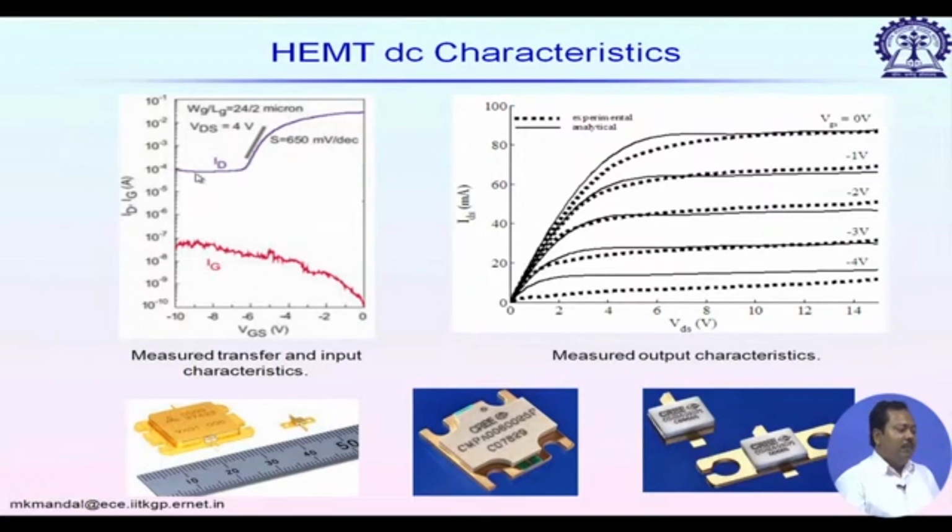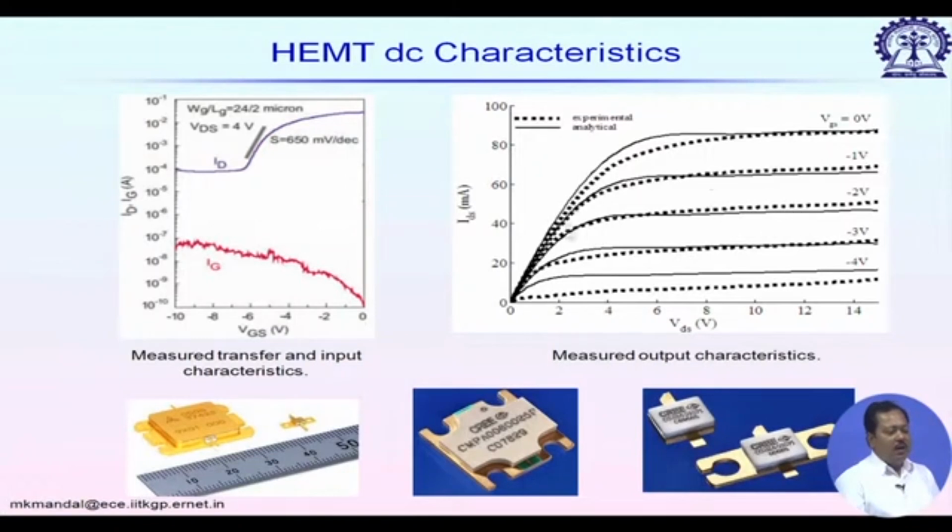Look at the variation of ID versus gate to source voltage. You can compare it with the conventional MOSFET. At very high gate to source voltage, it is almost constant. This is the measured characteristic, and after that it follows nearly what we see for a conventional MOSFET.